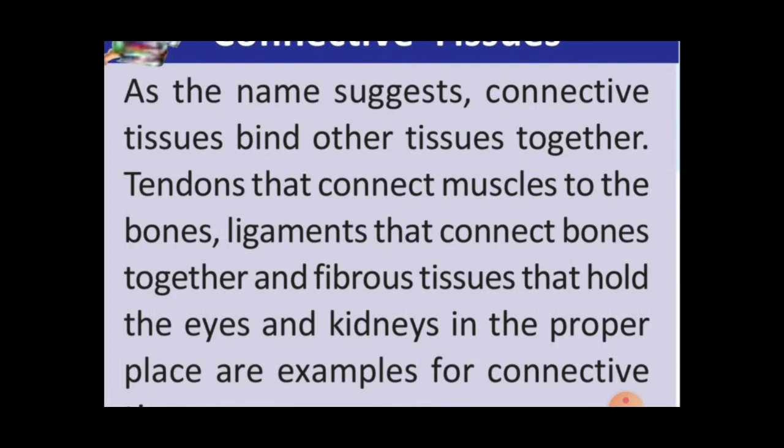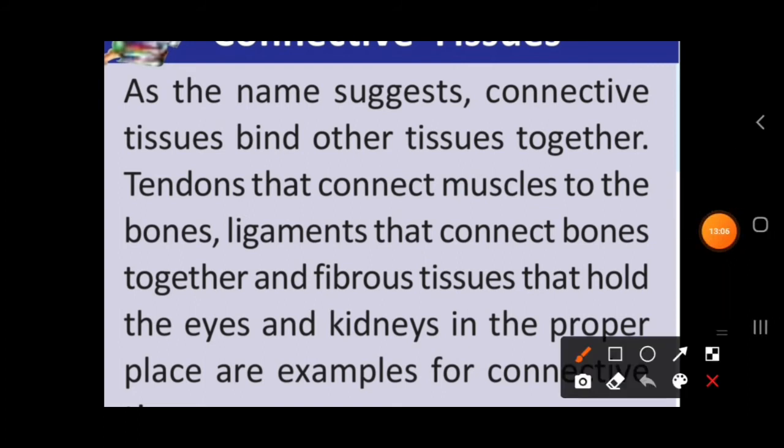So once again I will say, tendons connect muscles to the bones. Who? Tendons. Then ligaments connect to whom? Ligaments connect bones together.